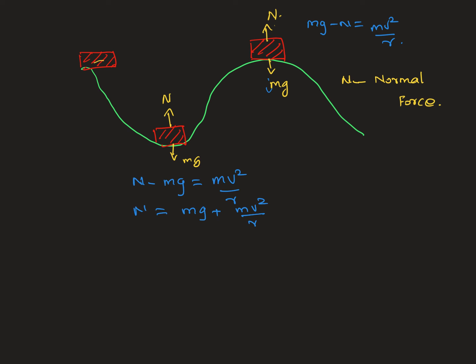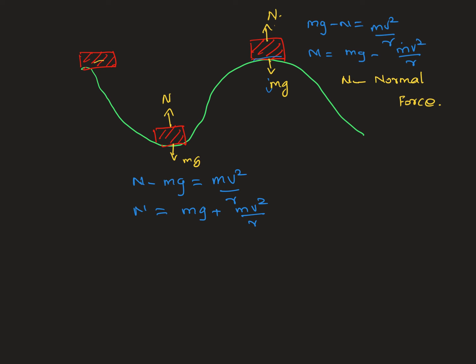So the normal force is greater than the weight of that object, and at this place n is equal to mg minus mv squared over r.